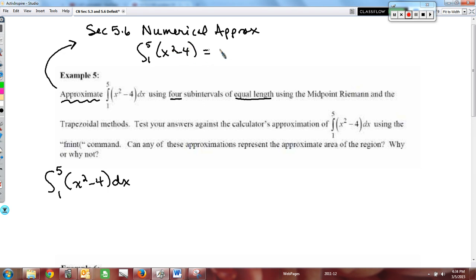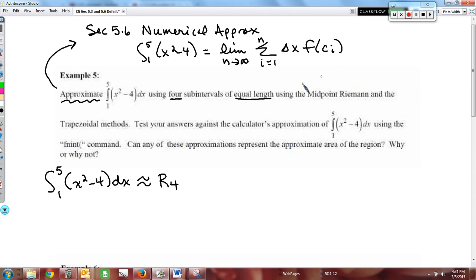So instead of taking this and using the limit definition, the limit as n goes to infinity of the sum i equals 1 to n of our delta x f of ci, instead of doing the long limit definition, we don't want to do that anyway, we're going to approximate what it is using the Riemann sums. So let's start. I'm going to do the R4 first. So I'm going to go approximately using the R4.